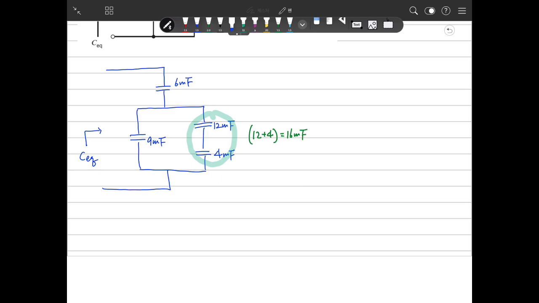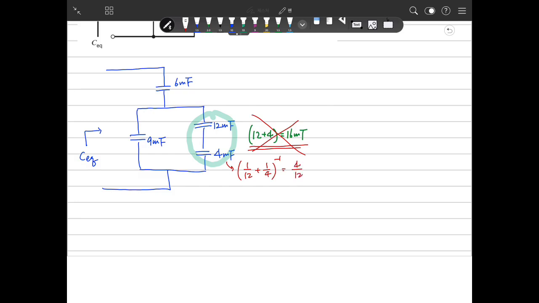Next, these capacitances look like a series connection. I'm sorry, always my mistake. When resistors are connected in series, we can just add them. But for capacitance, when capacitors are connected in series, there is 1/12, 1/4, inverse.